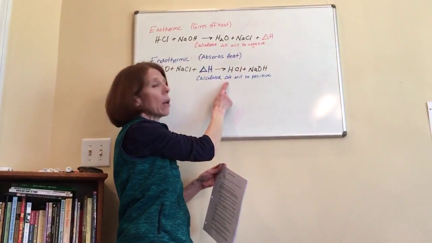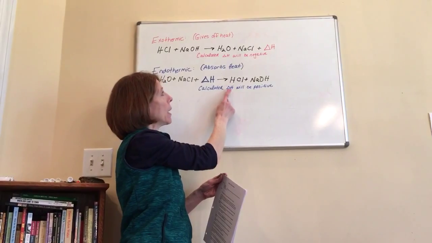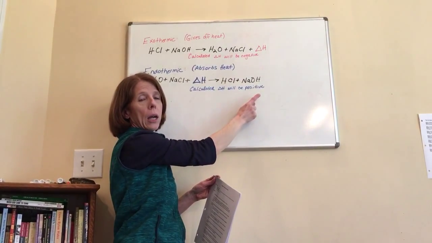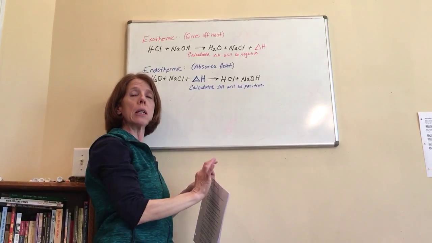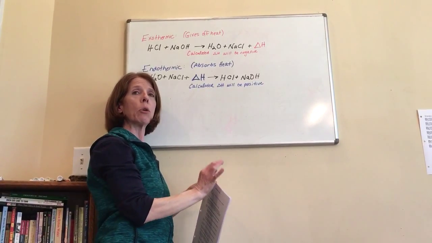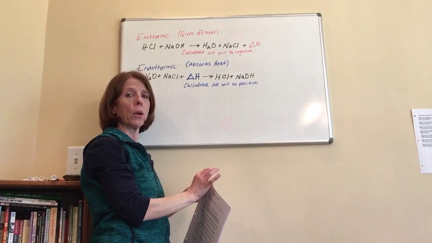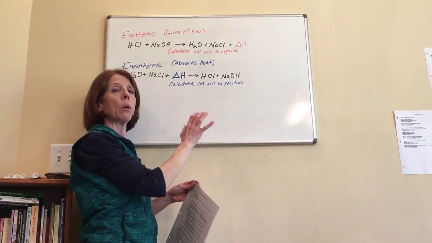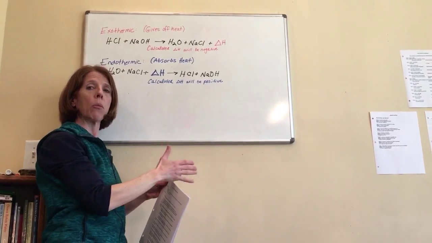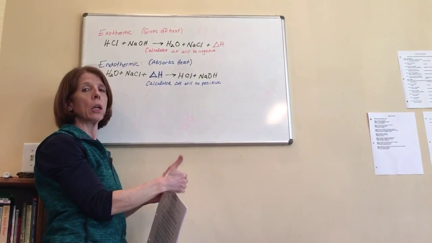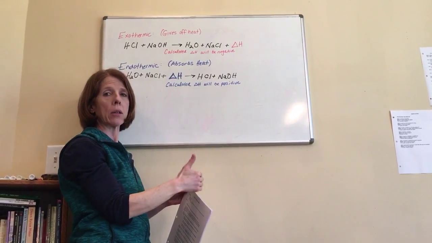A calculated enthalpy, change in energy, in an endothermic reaction is going to be positive. However, when you list it in the chemical reaction, you're always going to list it as a positive number. So when you're dealing with enthalpy, change in energy, as a stoichiometric equivalent, you're always going to list it as a positive.